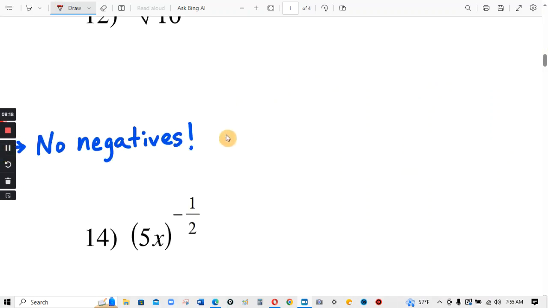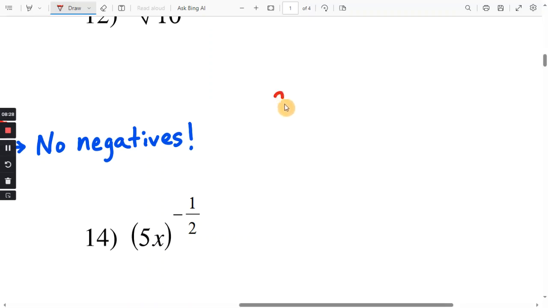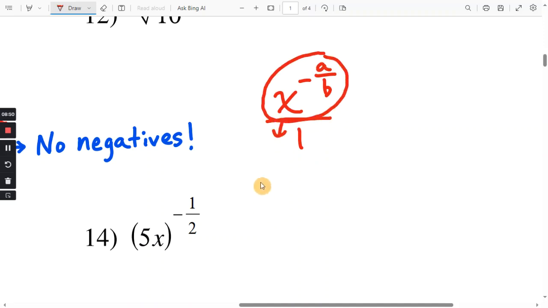All right, so one thing you want to remember for the negative exponents, let's say you have x to the power of negative a over b. Well, what you can do, you can make this into a fraction just by putting it over 1. That changes nothing. And basically, if you take this whole thing right here and move it into the denominator, it changes the plus-minus sign on the exponent.